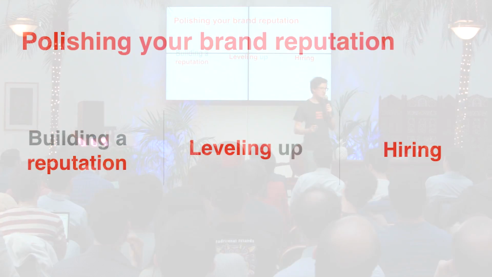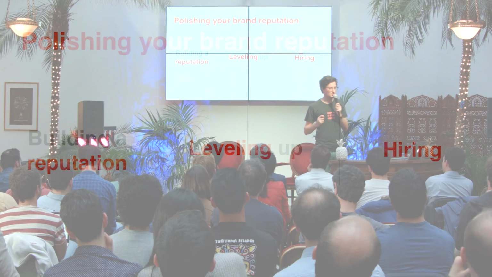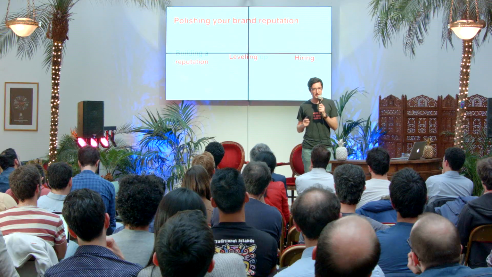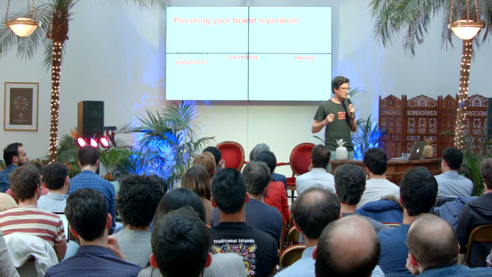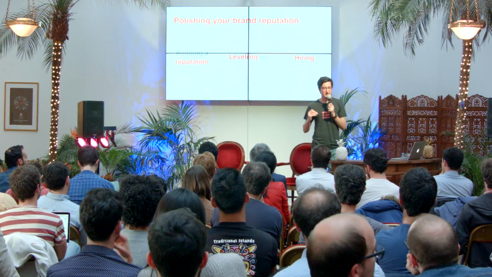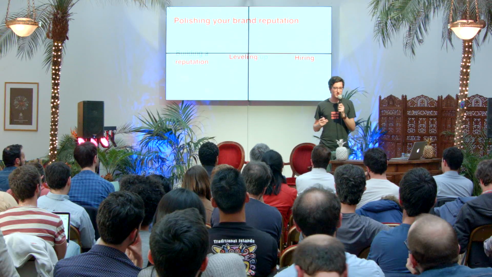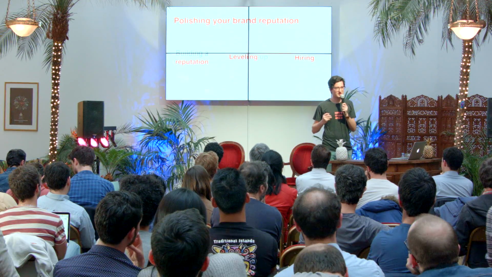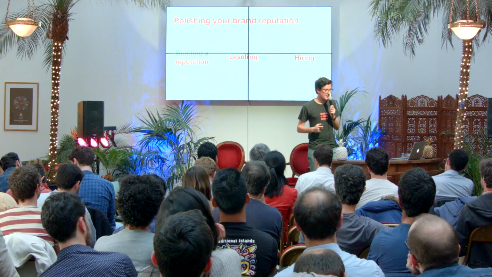Then you'll be able to polish your brand image and reputation with your open source framework. By building a reputation, I mean showing how innovative you are as a company, and leveling up your game too. With MJML, we could strengthen our position as an email expert, show how innovative we are, and show how much we know about the email game.